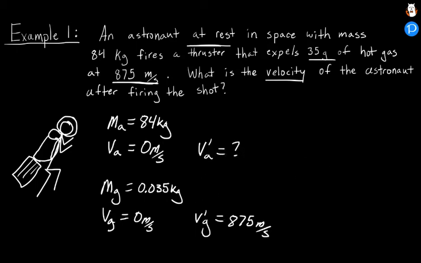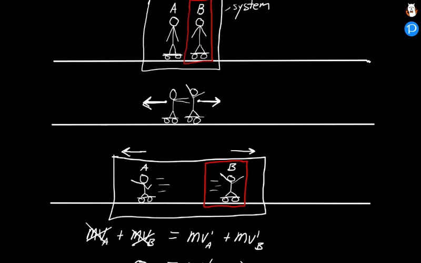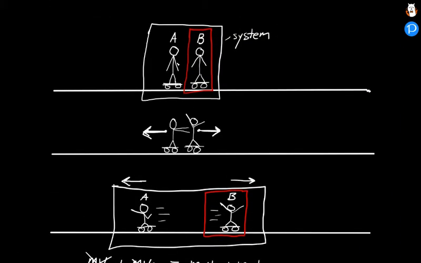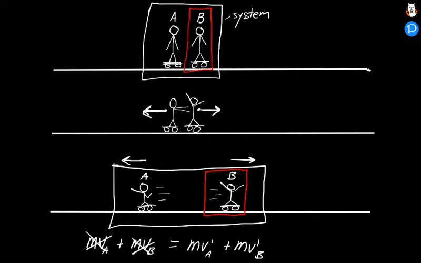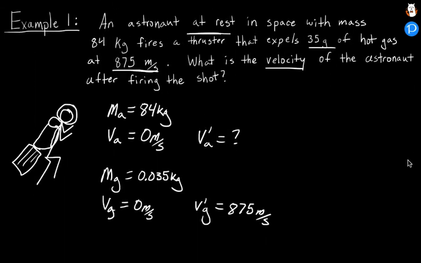So again, kind of like this example up here, where one thing is going to push on the other thing, and we can either think about it as an external force or an internal force, and then we can try and solve it from there. So we know that the momentum at the beginning is going to be equal to the momentum in the end if we make this a closed system.